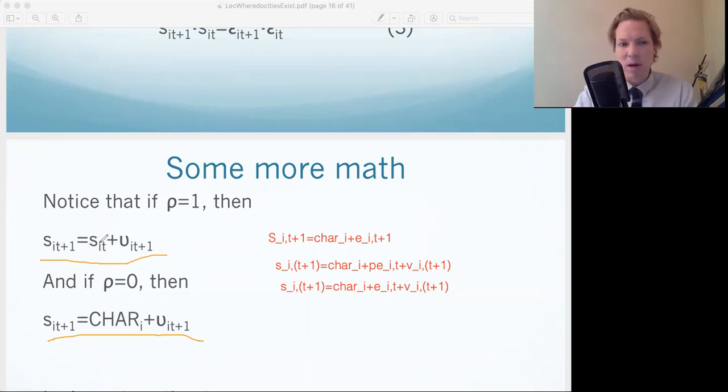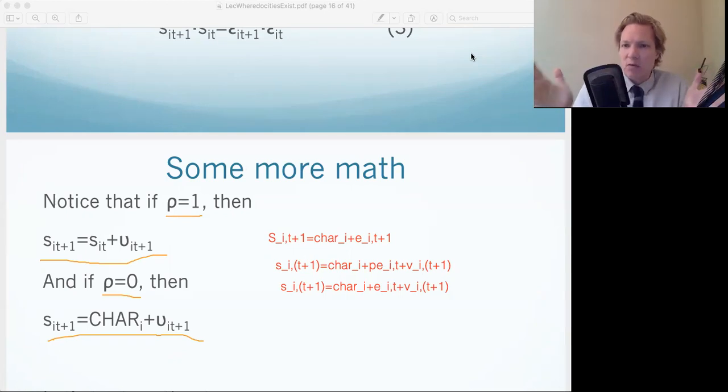If you have a low population, you'll continue to have a low population. This says, no, what matters is the underlying characteristics. That is what determines your city's population ultimately. So we have two different worlds here, where rho is 0 and underlying characteristic really matters, and where rho is 1, where shocks persist.